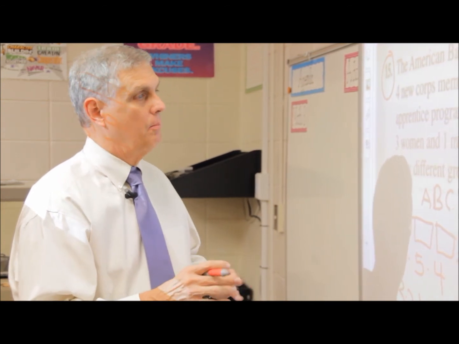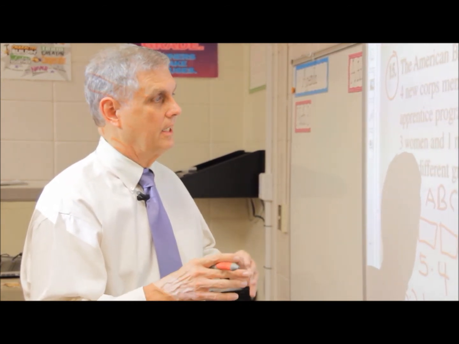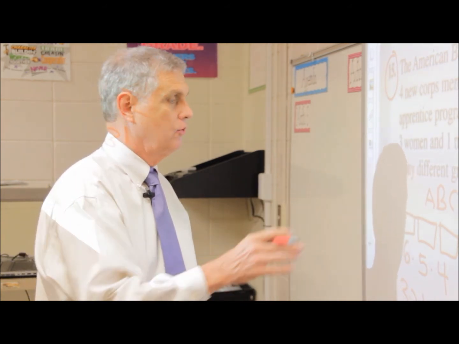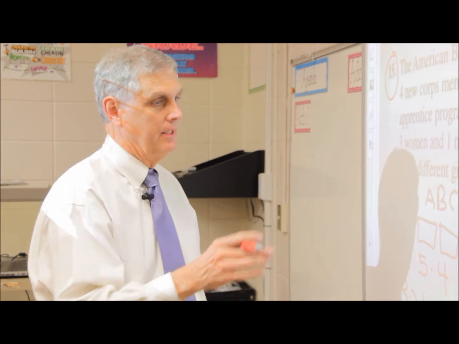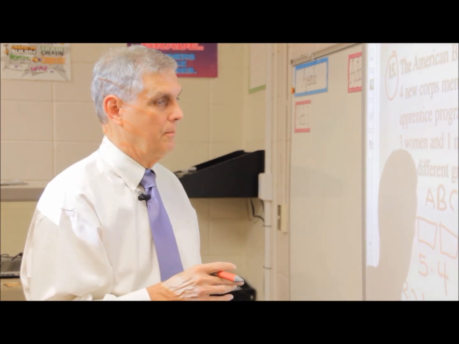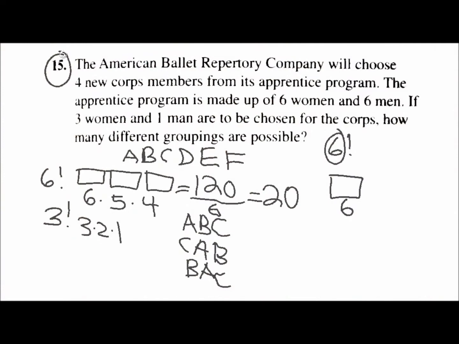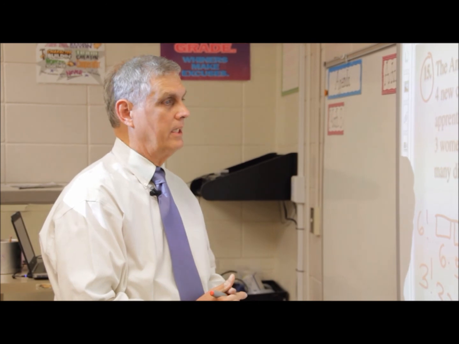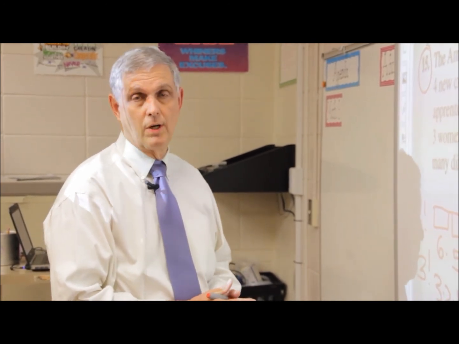So how many different groupings can we have with the 20 women and 6 men? And since it's 3 women and a man, we'd multiply these, and 20 times 6 equals 120. And so your answer is that there would be 120 different groupings possible, and that's what you would grid in.